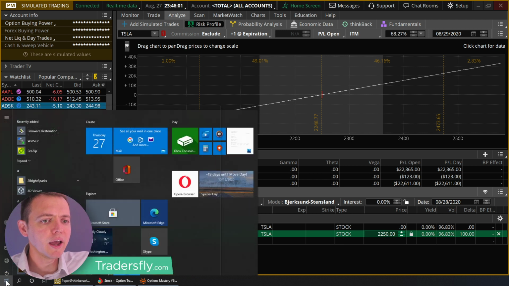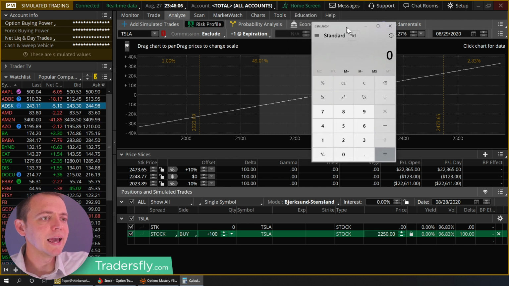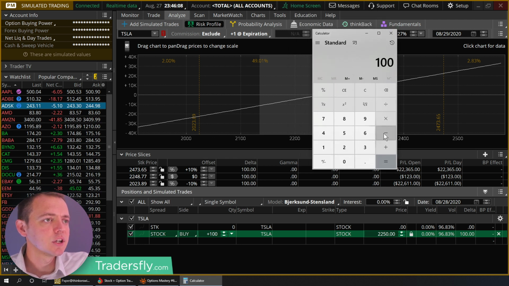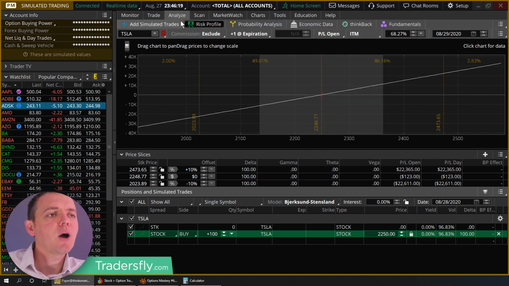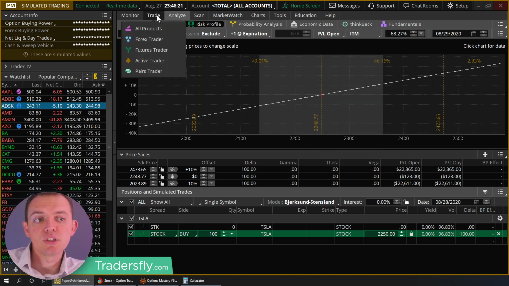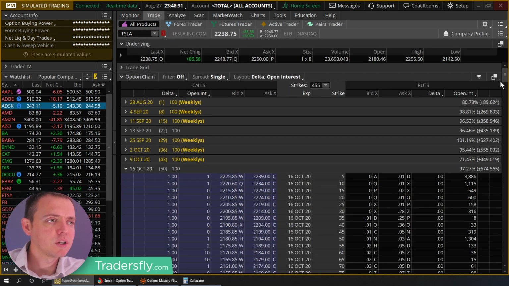And for you to purchase this stock, if you get 100 shares, and you multiply it times 2248, which is the current price, you're looking to pay up $224,000. That's quite a bit of money. So how do I make a directional bet on this using maybe less cash? Well, you could go trade less shares, that's one thing. But another method is to use butterflies. And butterflies are fairly cost effective.